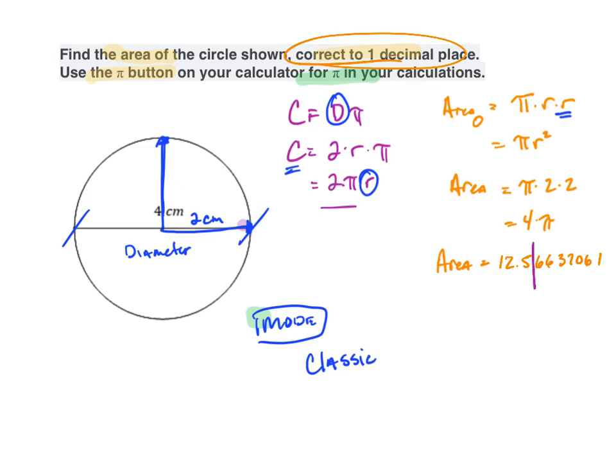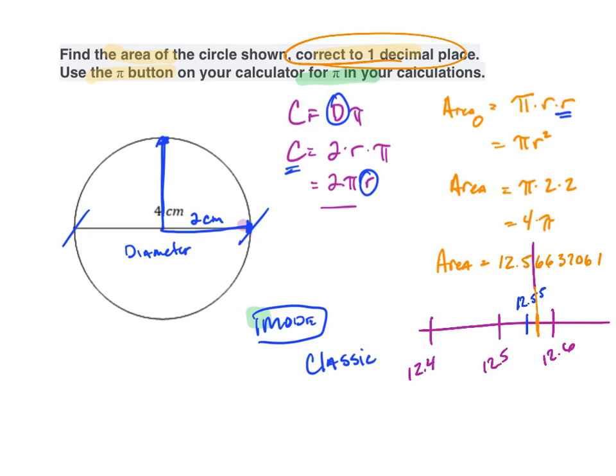So that's the first decimal place. The numbers we're considering here are: is this going to be 12.4? Is it going to be 12.5? Is it going to be 12.6? And what we want to remember is that 12.55 rests right there, and our number is 12.66, which rests right about here.